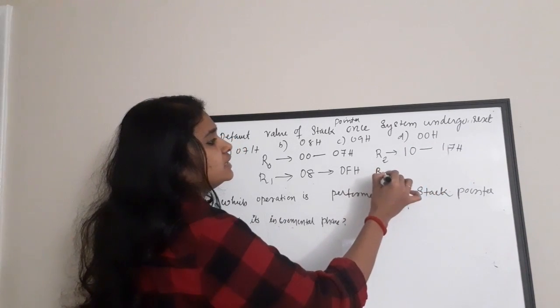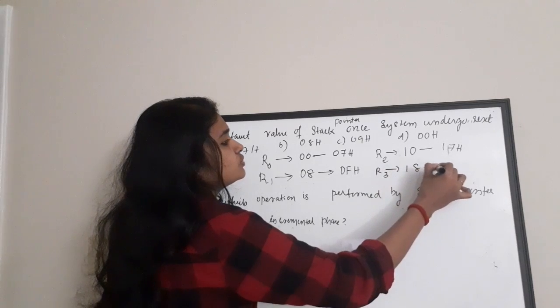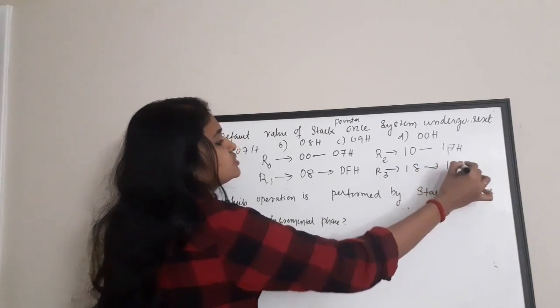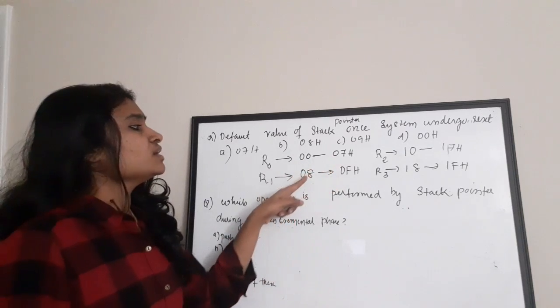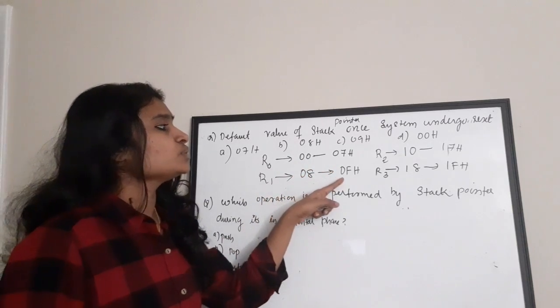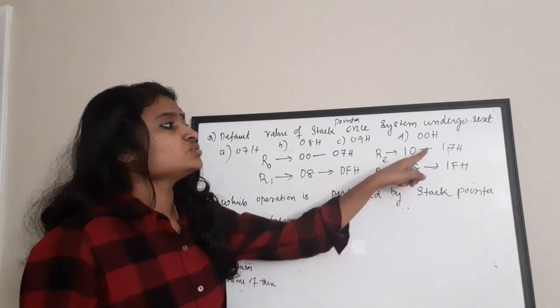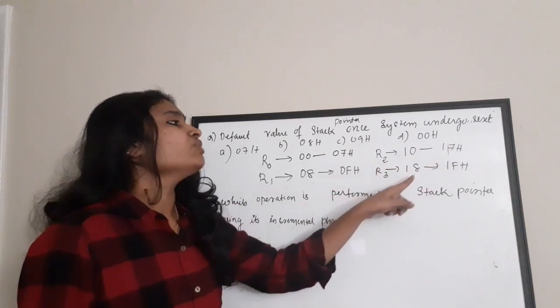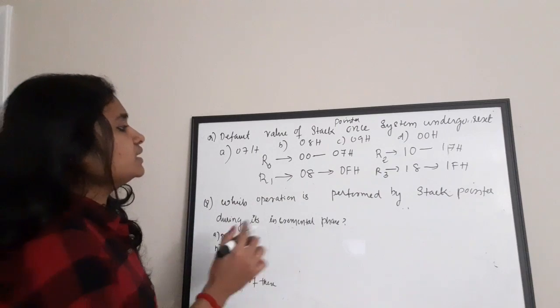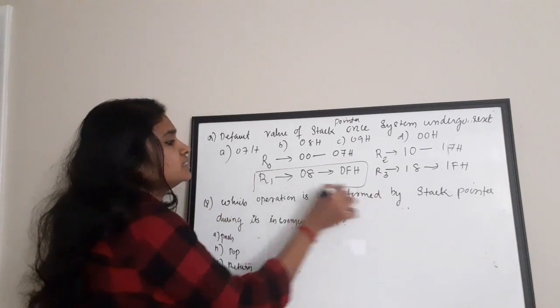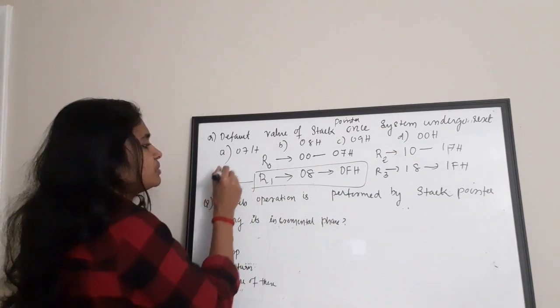And R3, it is 18 to 1FH. Okay, so 00 to 07, then 08 to 0F, 10 to 17, 18 to 1FH. So here the register bank R1 is used for stack memory.